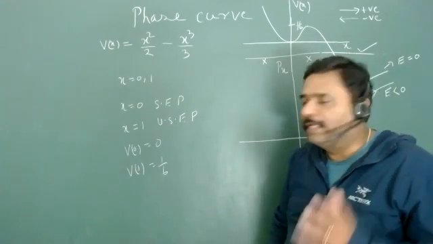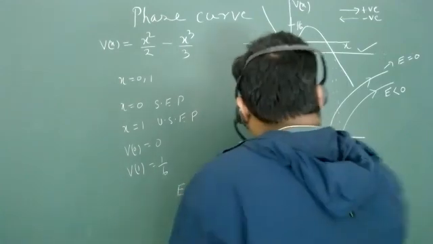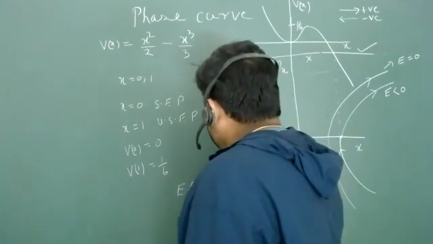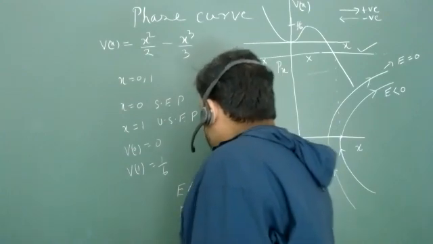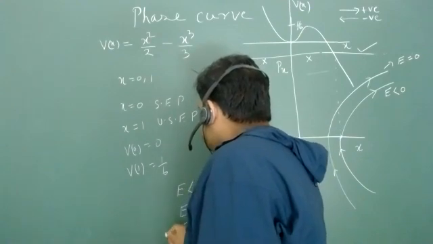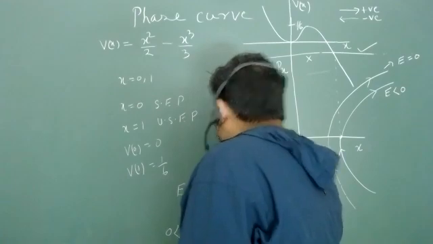So what we have done, we have just plotted our potential. First, energy is less than 0. Second, energy is equal to 0. And third, we will plot energy between 0 and 1/6.